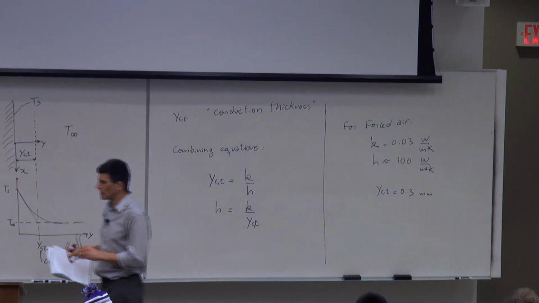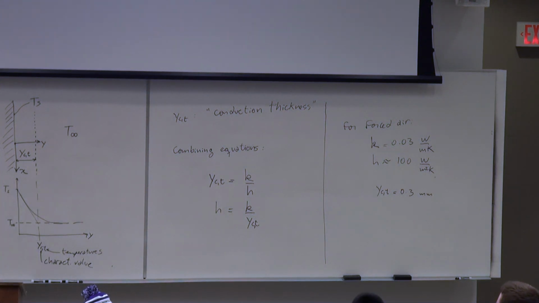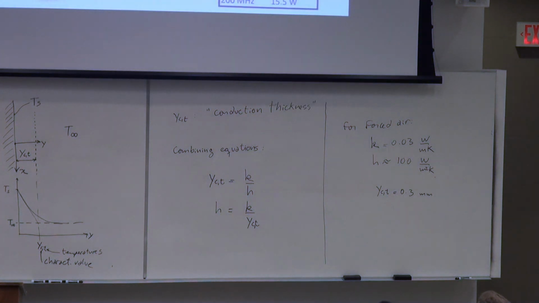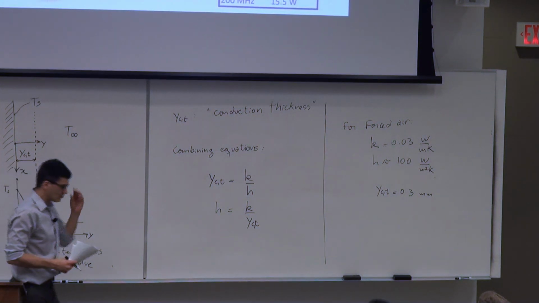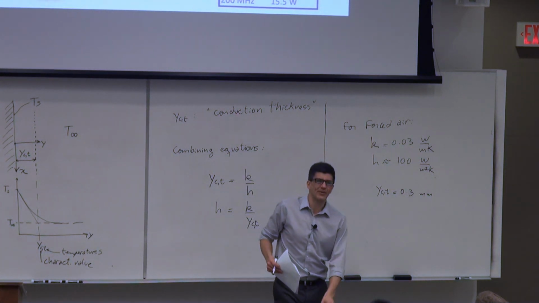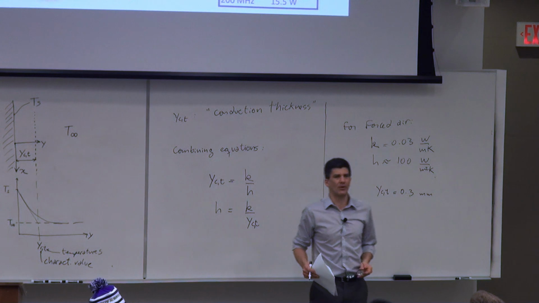But this is not just about the calculations. Let me show you this. This is a problem from an old exam. It's pretty cool because if you know the convection coefficient, you can calculate how much you can overclock your chip.